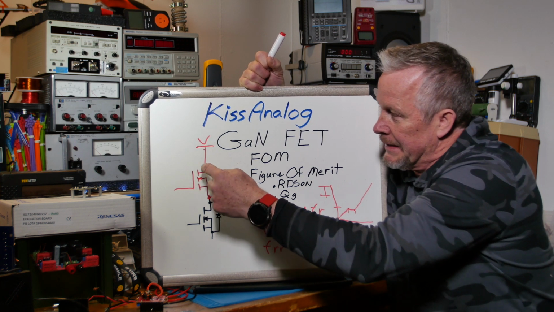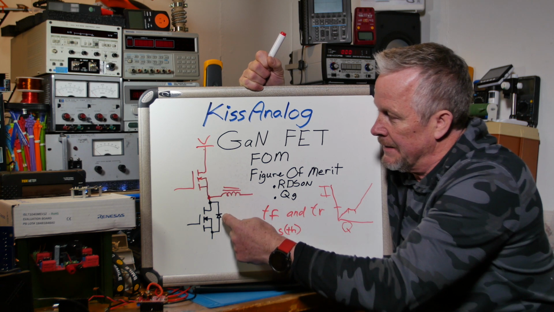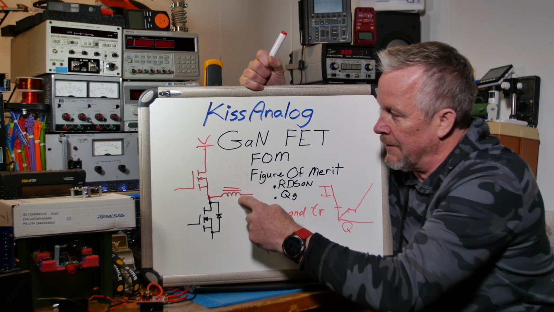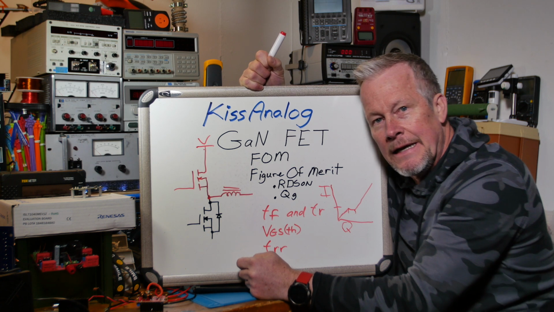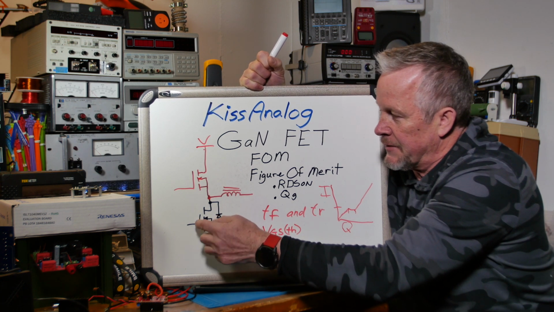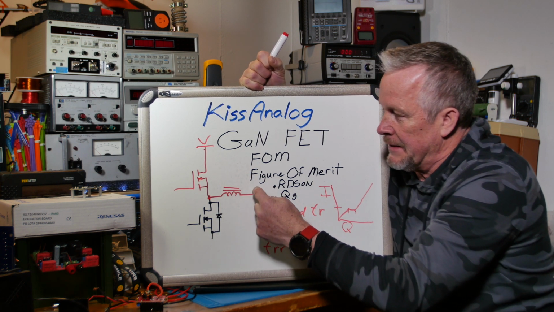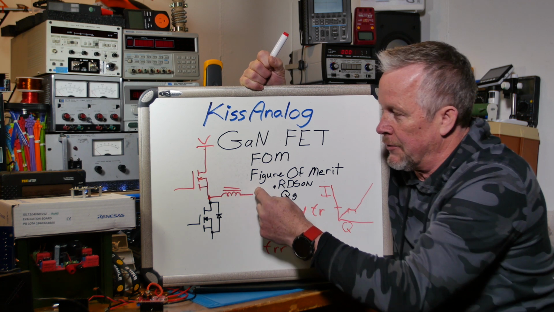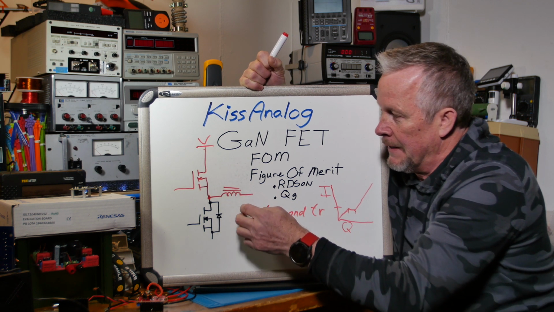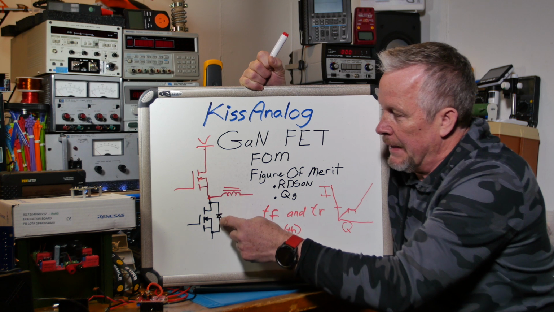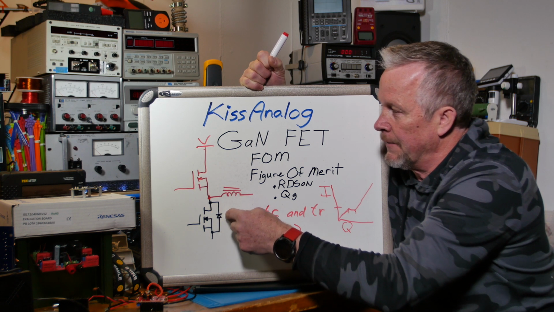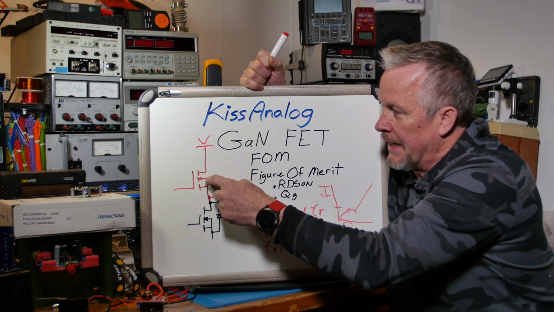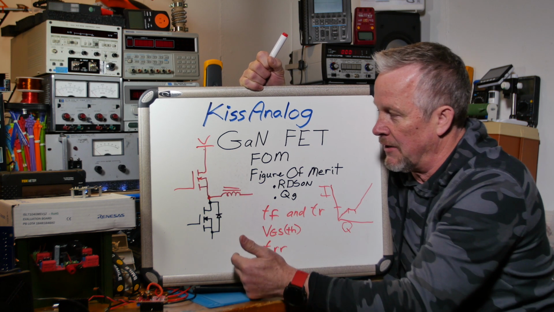As soon as this guy turns off, this diode starts conducting current. Then this FET turns on and continues to allow that inductor current to drain down. Then this guy turns off and the current continues flowing through the diode, but then this guy turns back on and restarts the circuit.